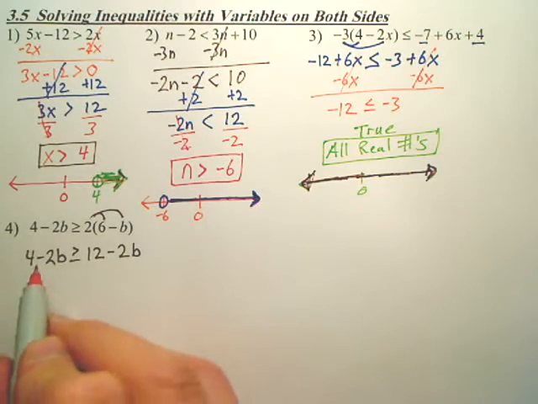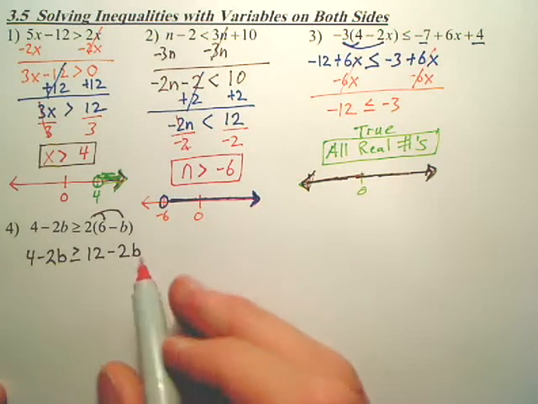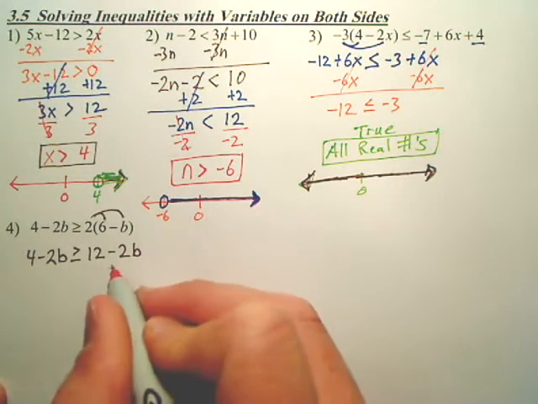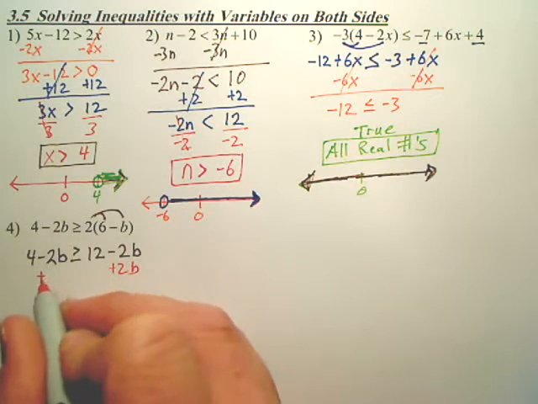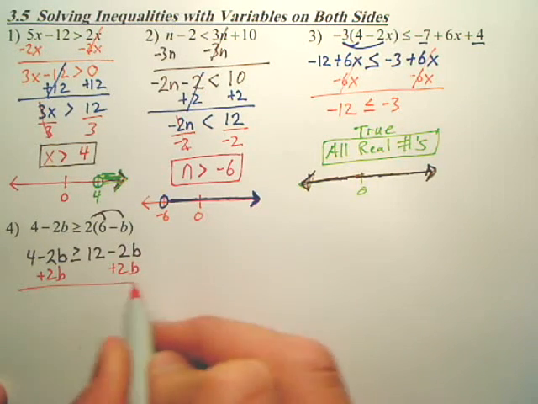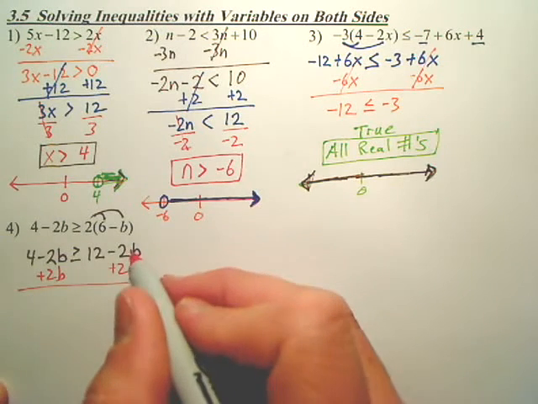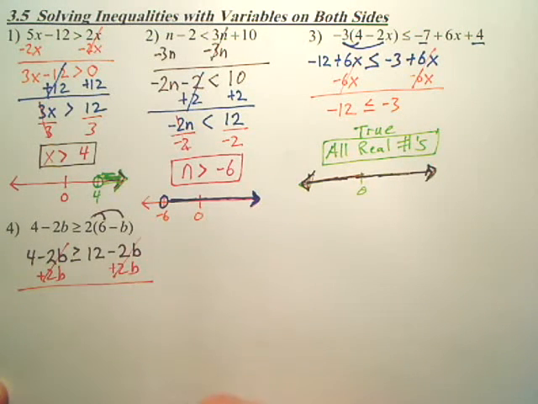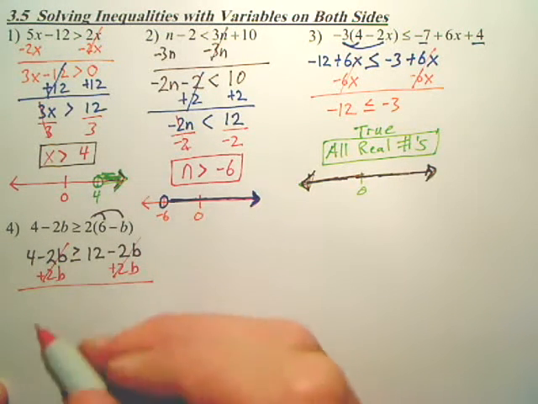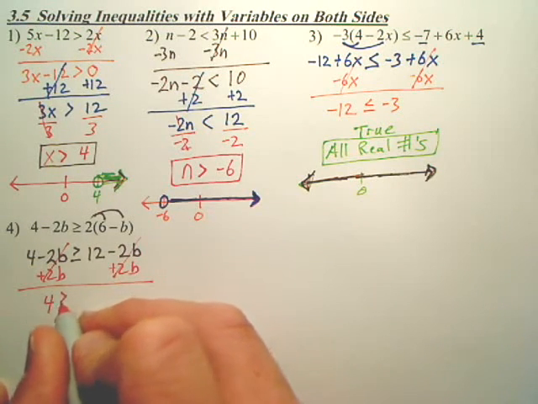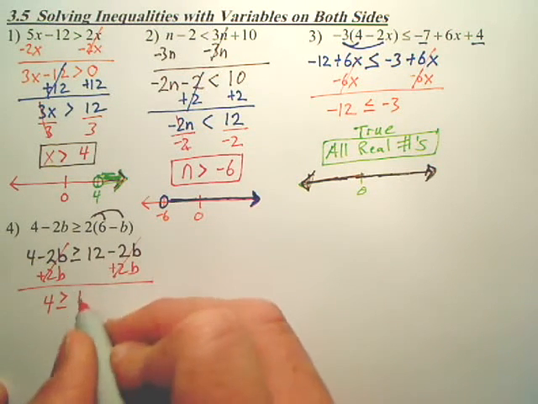Can I combine anything on each side? No. So let's move this b over. So add the 2b over. What happens here? Do they cancel again? Yeah, they both cancel again. I now have 4, because that's left, and a 12.